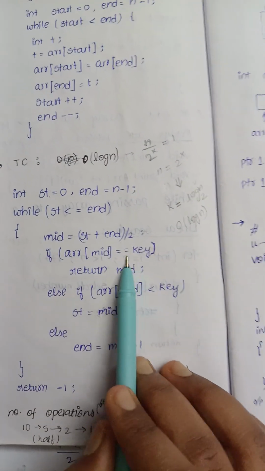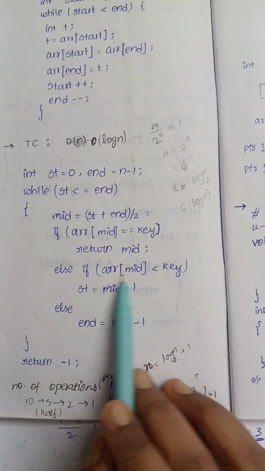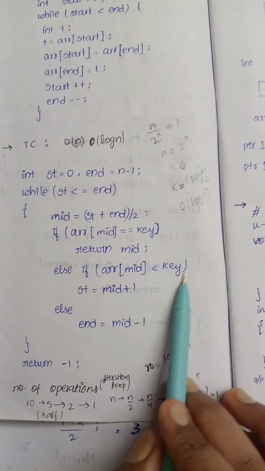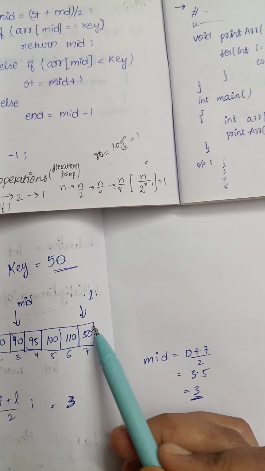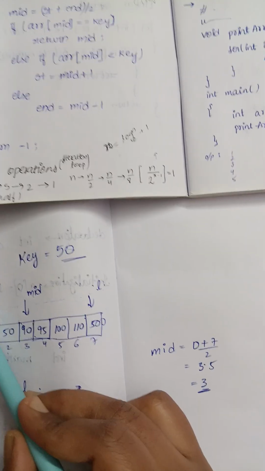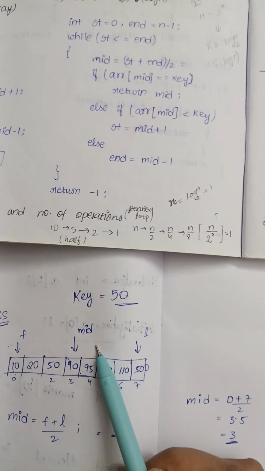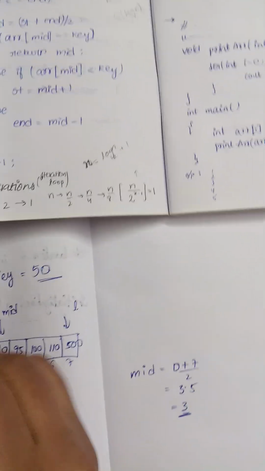If array of mid double equals key, then return mid, meaning we have found it. Else if array of mid is less than key, that means the key is a bigger value. If the key is something like 100, it will be on this side, right? So there is no use of searching here, so we'll take this f to the mid plus 1 position.